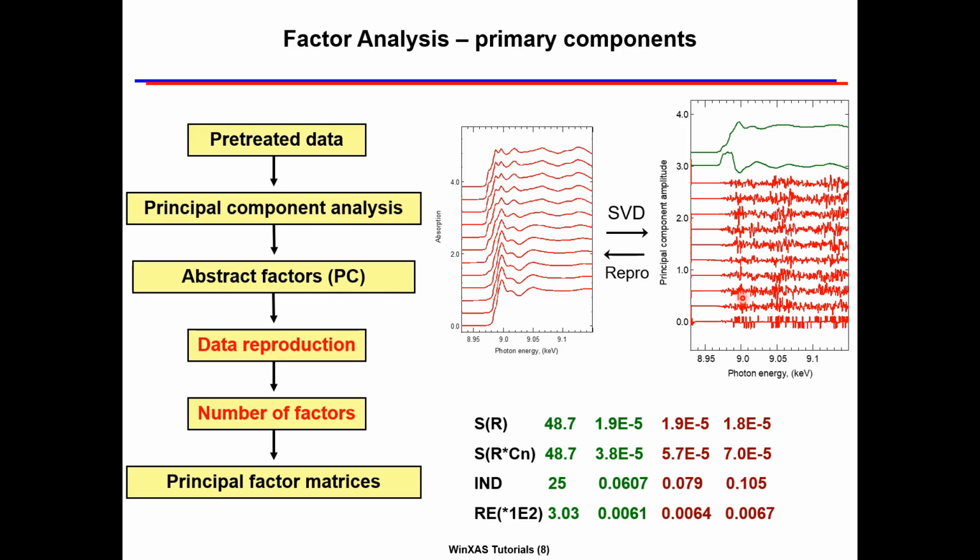Various approaches can be used, such as reproducing the spectra from only the primary components and evaluating the difference between original and reproduced spectra. Additionally, certain indicators are available that exhibit a minimum at the border between primary and secondary components.